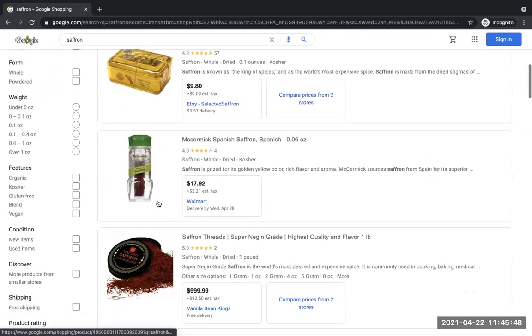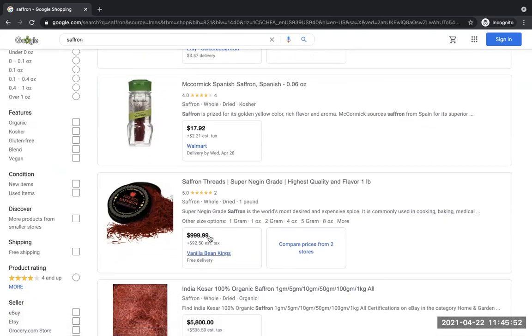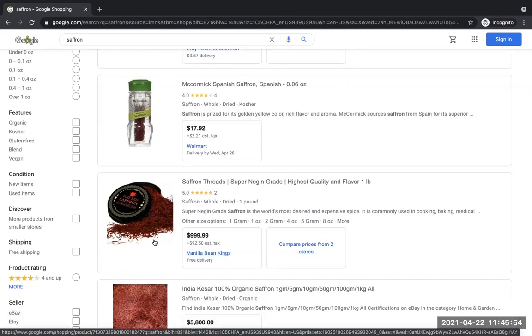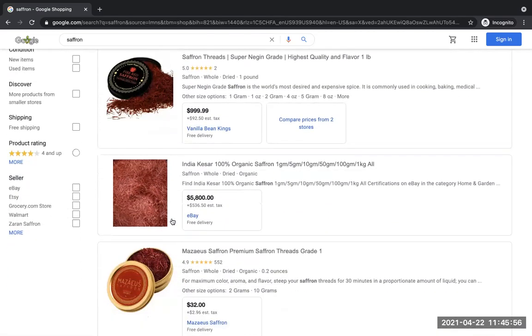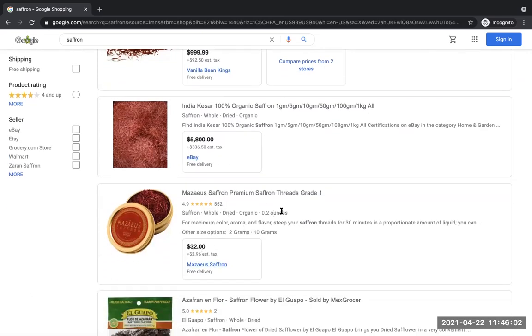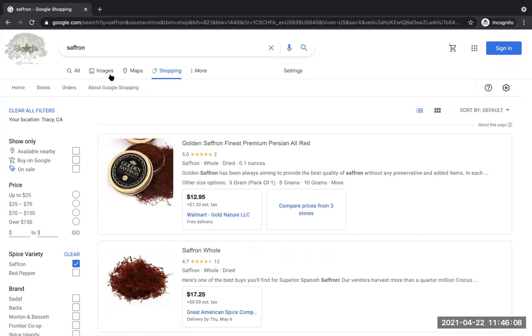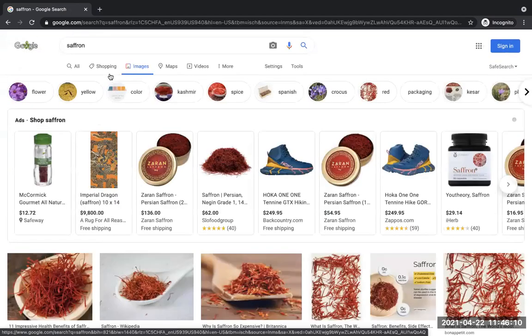So let's look at the price. 1 pound, it's $1,000. That's very expensive. 5,800 for, I don't know how much. $32 for 0.3 ounces. I don't know if that includes shipping. So it's very expensive. I think you have to only put a little bit in the food.